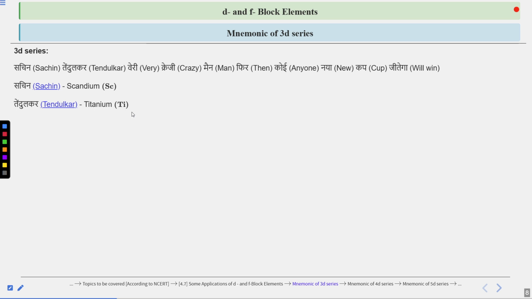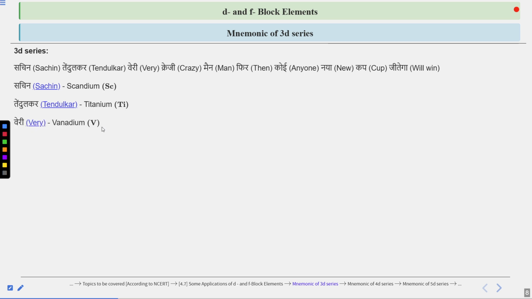We just have to relate some word with the symbol or element name to remember that this element comes in the third or fourth place in the series. Like Sachin refers to scandium, the first element. Tendulkar refers to titanium because Ti is present in it.